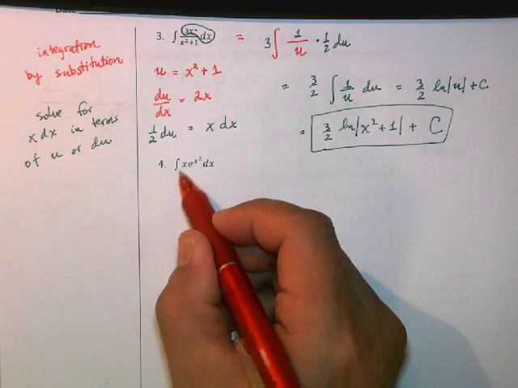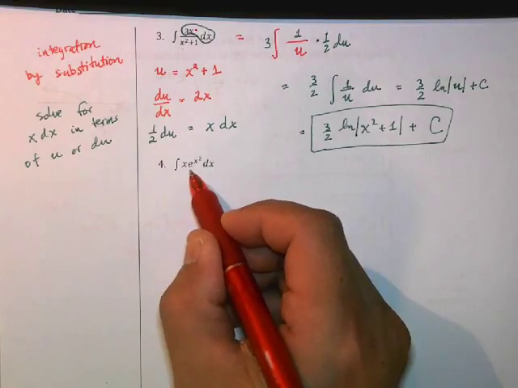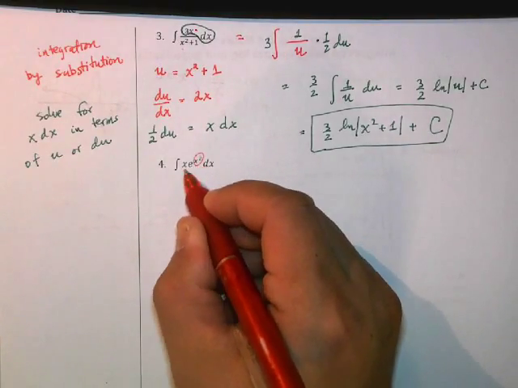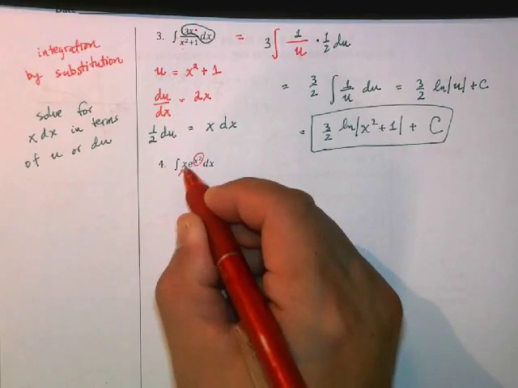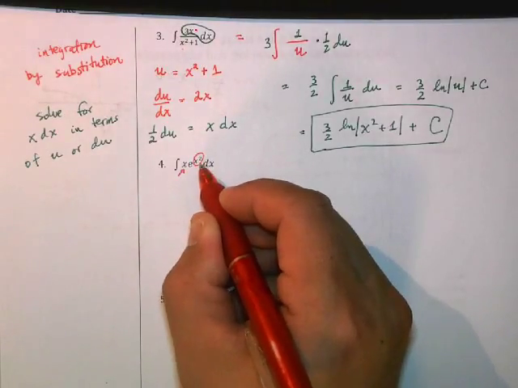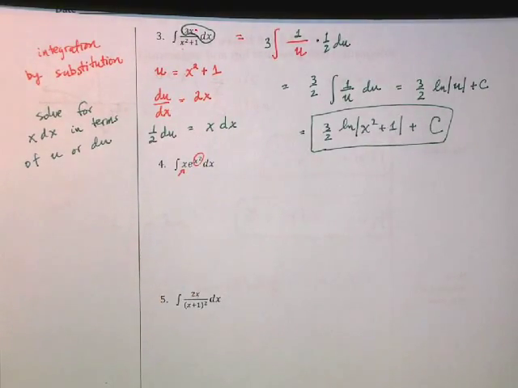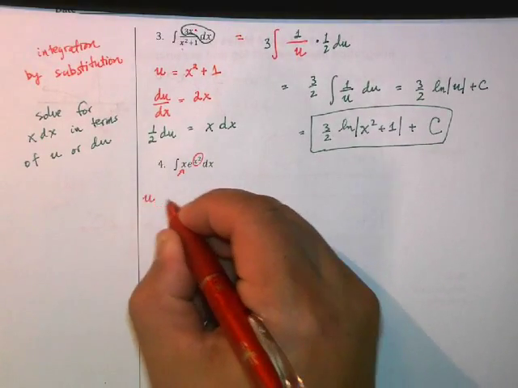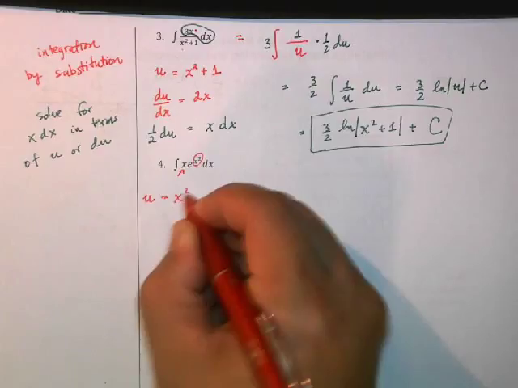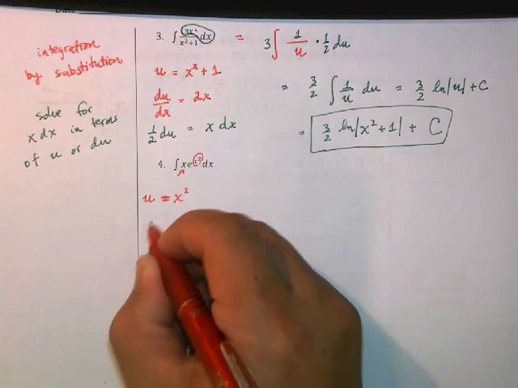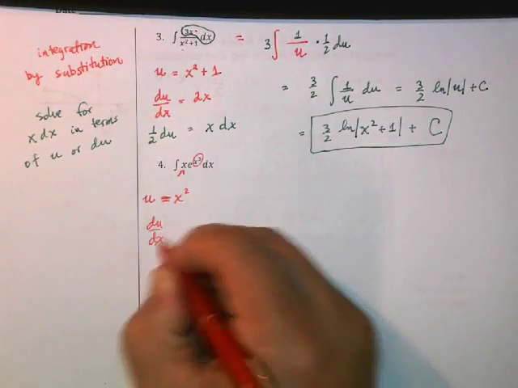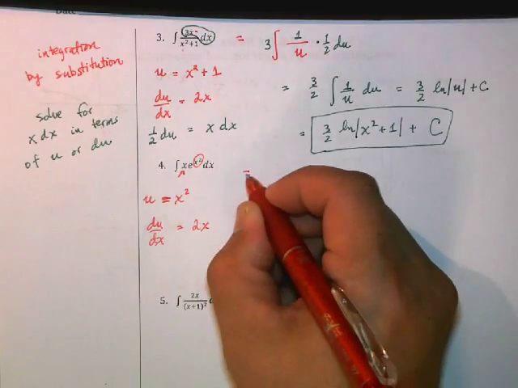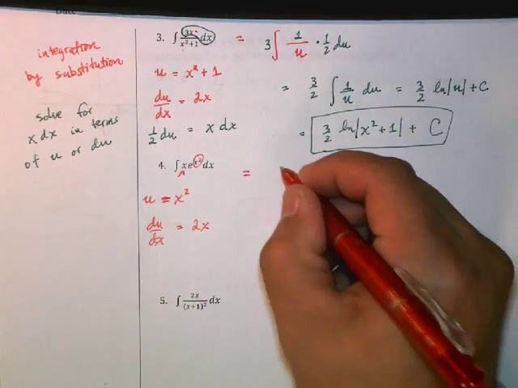In this next one, number 4, the antiderivative of x e to the x squared. So you can see here that x is like the derivative of x squared, maybe with a constant multiple. So we want to use x squared as our u substitution. The derivative of that with respect to x is 2x, and now we can make our substitution.